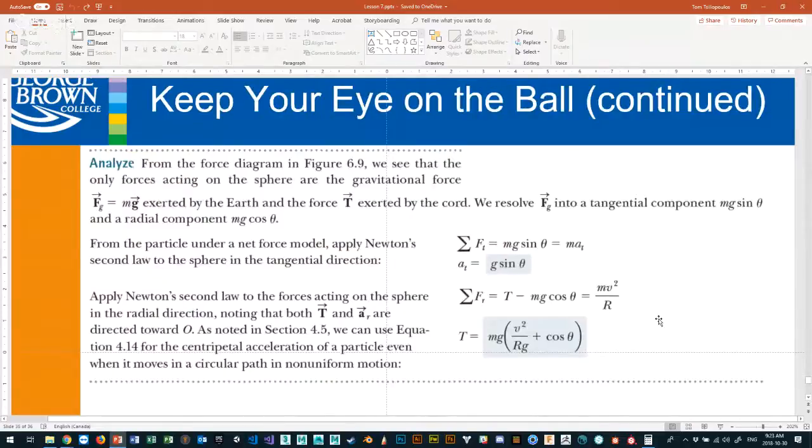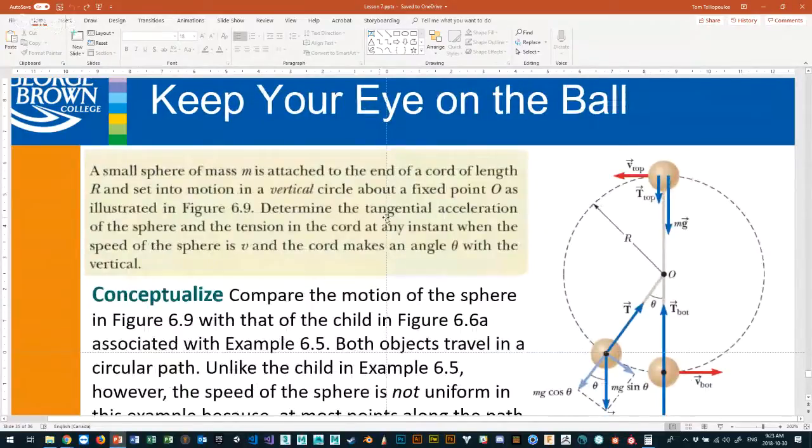It says: determine the tangential acceleration of the sphere and the tension in the cord at any instant when the speed of the sphere is v and the cord makes an angle theta. What that's saying is I've moved this much angular motion in a small amount of time, in this particular instant, so I'm moving that fast because the angle of motion gives a relationship between that and the velocity.